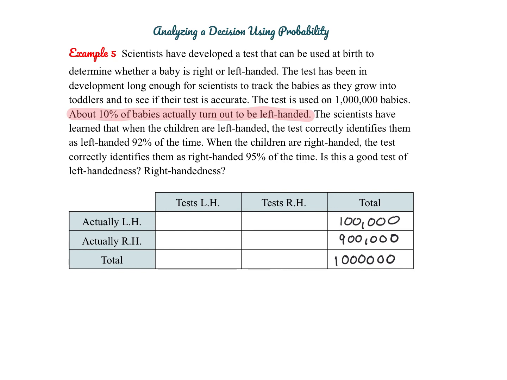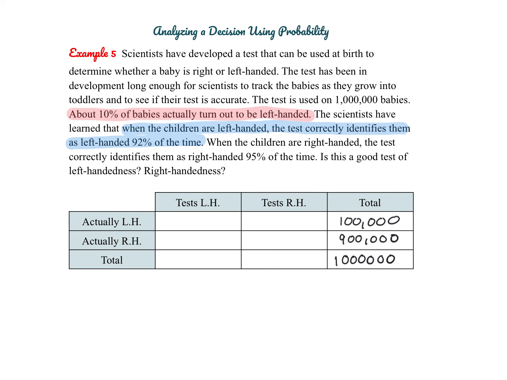So then this next piece of information is actually a conditional probability. It says that when the children are left-handed, the test correctly identifies them 92% of the time. So you're setting the condition that they actually are left-handed, and then you have to find 92% of that.